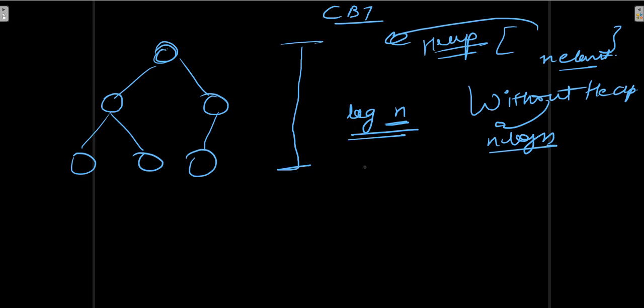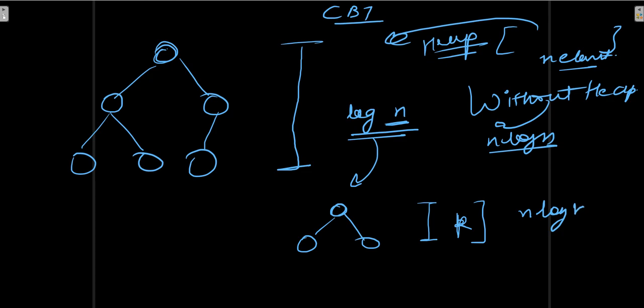So we need to optimize it. We need to reduce the depth so the time complexity is reduced by some amount. What we do generally, I'm just talking about identification, is reduce this log n. Now how can we do that? We can create a tree with a depth of k only. If we create a binary tree of depth k, then our time complexity will approximately reach n log k.